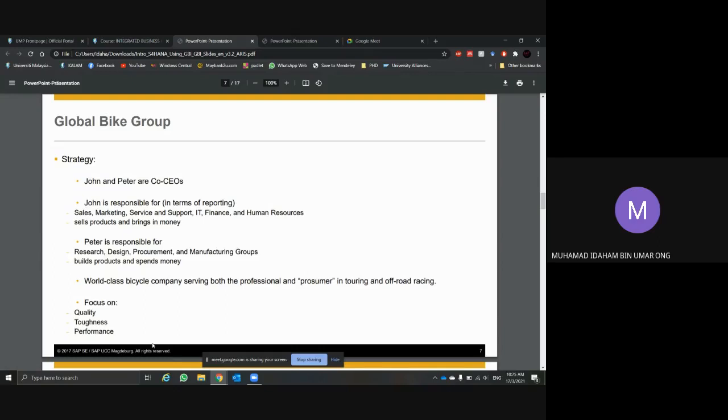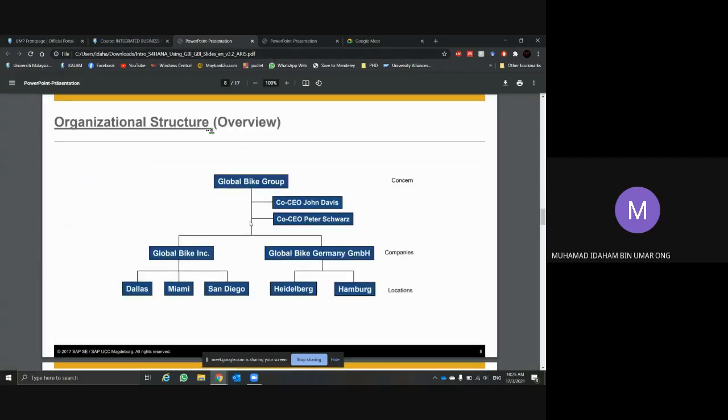John, and John is in the US. So the data that we're going to be utilizing next week is from GBI Incorporated in the US, not Germany. Whether it is Dallas, Miami, or San Diego, I'm not sure, we're going to look at it further next week.